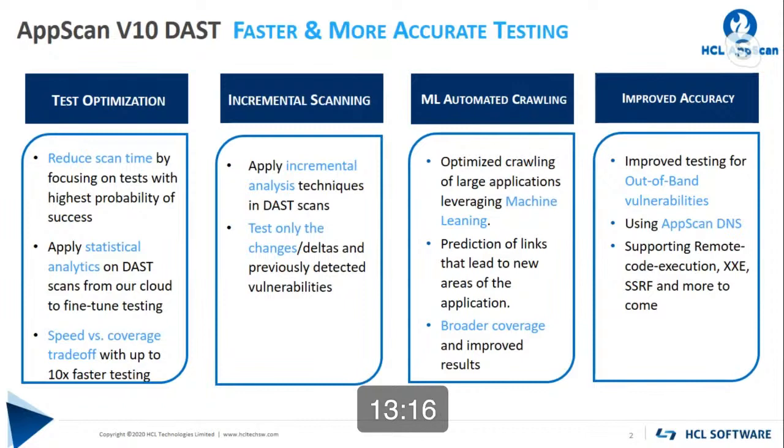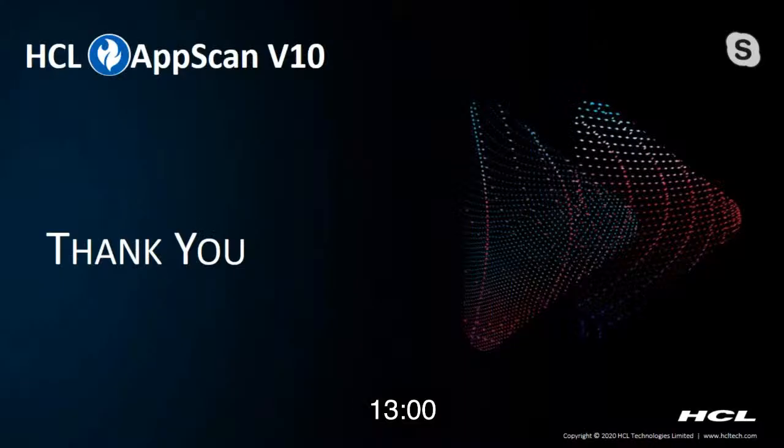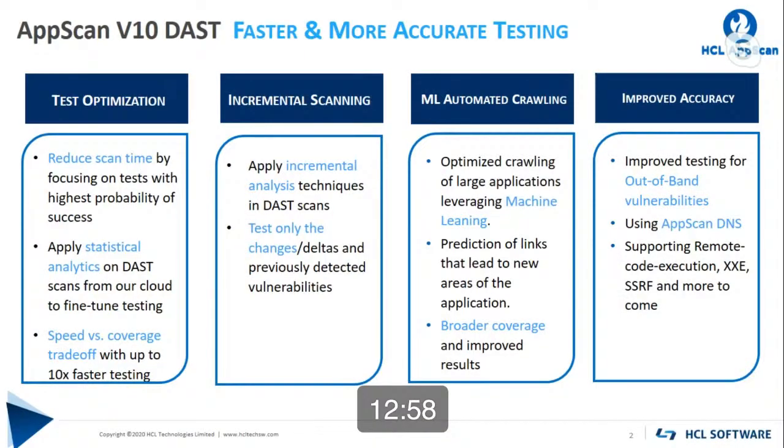Okay, great. So here I'm listing 4 of the high-level and important capabilities that we introduced in our DAST solutions in AppScan version 10. Our focus in this release was on speed of scans and accuracy of scans.